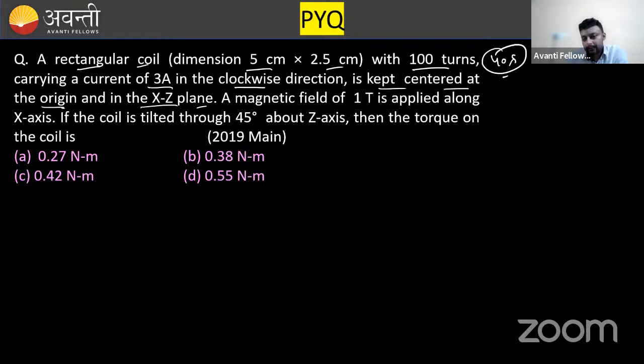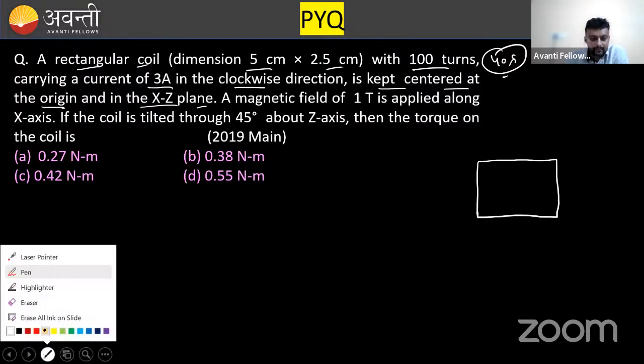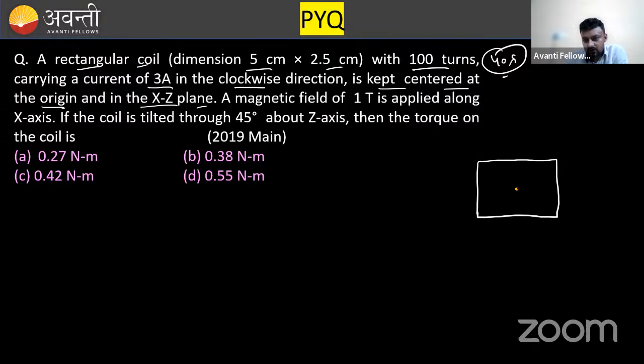So first of all, there is a coil, which has some 100 turns and is centered at the origin. Let's suppose this is the origin, this is our x-axis, and this is our z-axis, the xz plane.